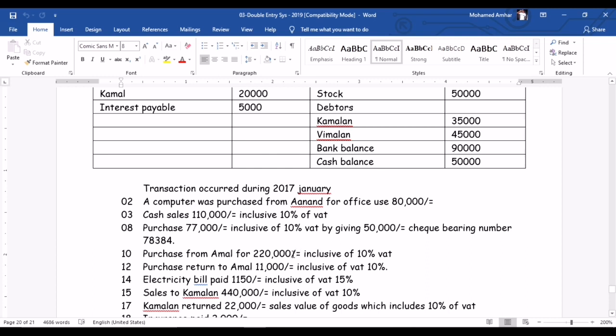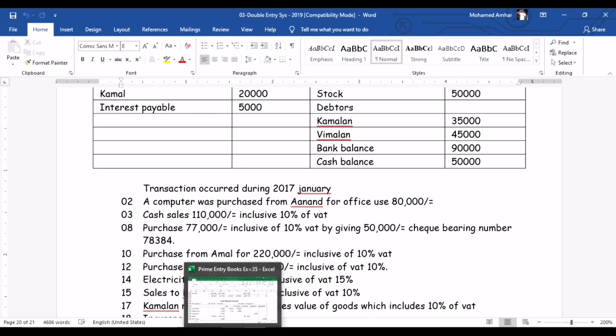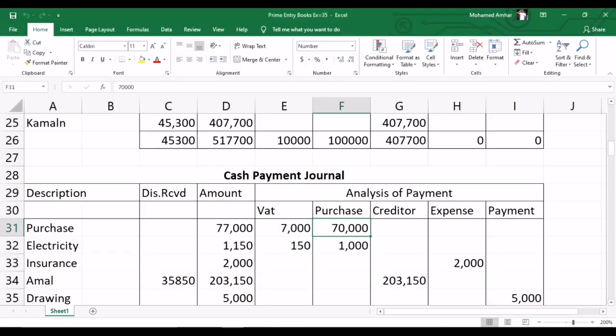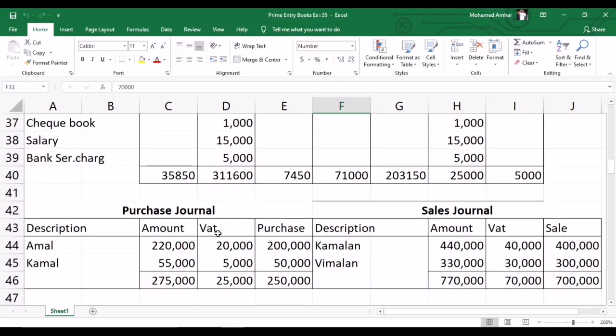When recording this, we have to separate the purchase amount and VAT amount and record it in the purchase journal. So open a purchase journal, right?